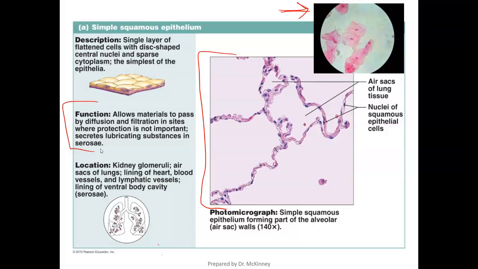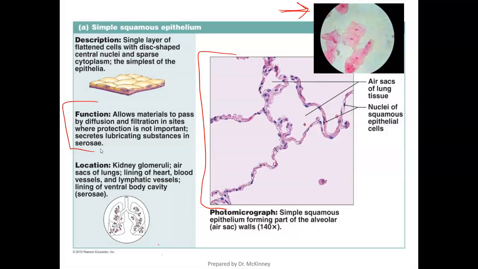So for example, in the alveolar sacs of the lungs, it is important that these cells allow for oxygen and carbon dioxide to diffuse across the cellular surface. So it's important that that thin form, that thin structure of these cells, of this tissue, is important for the function that the tissue performs.